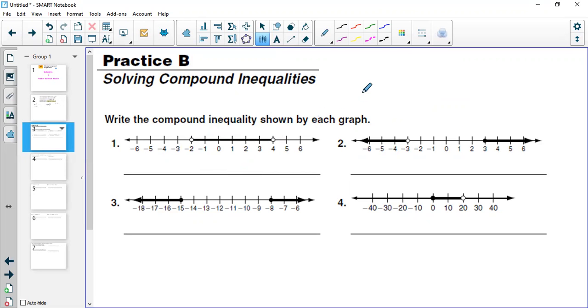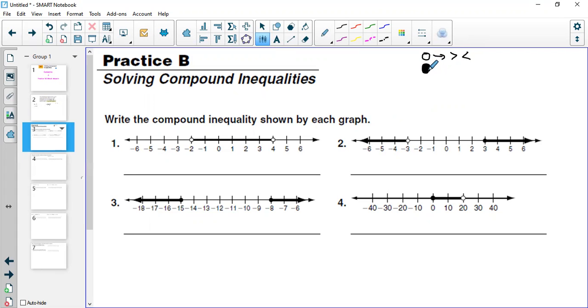There are a few things you need to keep in mind. Either the circle will be shaded or it will be an empty circle. We mostly use the words open circle and closed circle. This is called an open circle and this is called a closed circle, which is the colored one. The open circle, the one which is not shaded, is used to show greater than or less than only.